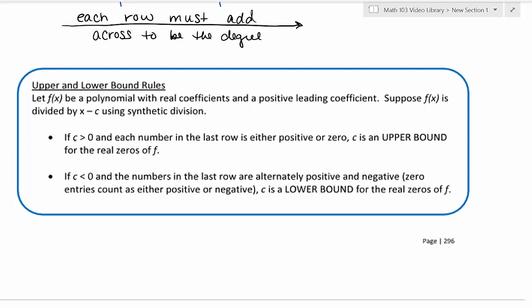So if you are testing a negative zero using synthetic division, and the coefficients of your quotient alternate between positive and negative, and maybe there's a 0 in there, then c is a lower bound for the real zeros, and you want to check zeros larger than that. These are a couple rules that can help us make better choices on testing our list of possible rational zeros.